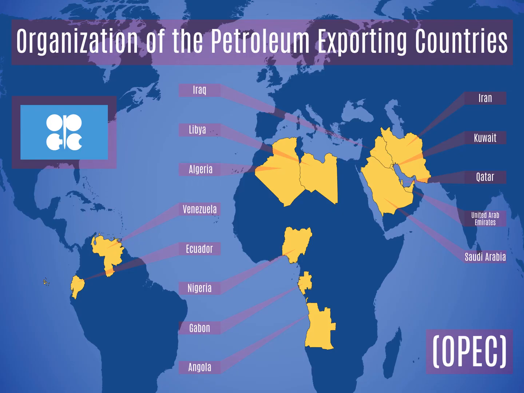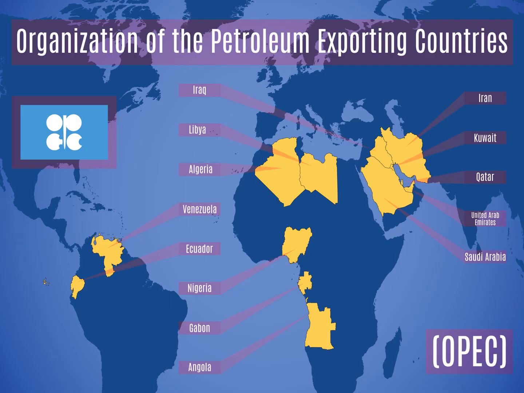They account for almost half of the world's oil production and roughly 60% of the global oil trade. OPEC recently speculated that current members account for almost 80% of the Earth's proven oil reserves.